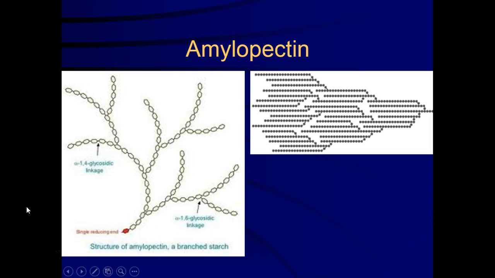Now the name amylopectin is an interesting one. Amylo, as you know, means starch, and pectin comes from a word that means congealed. So the congealed starch. Right.